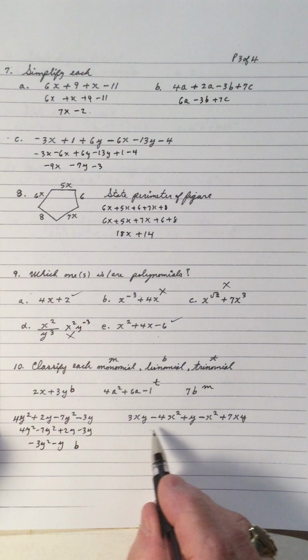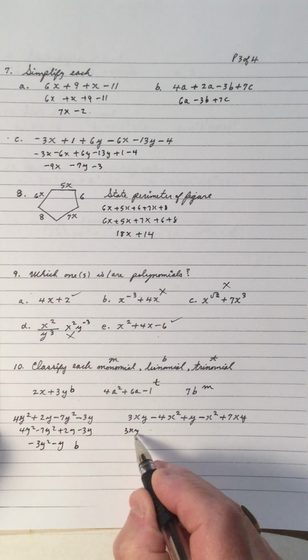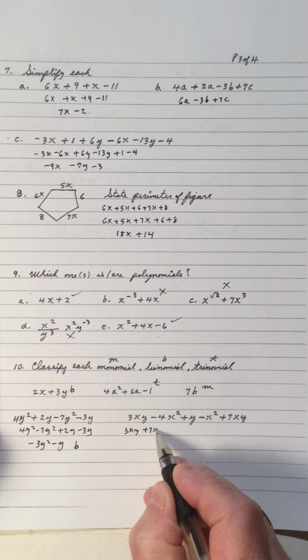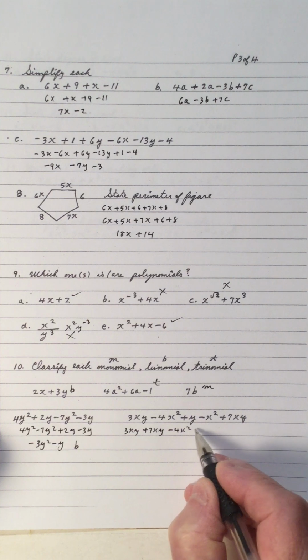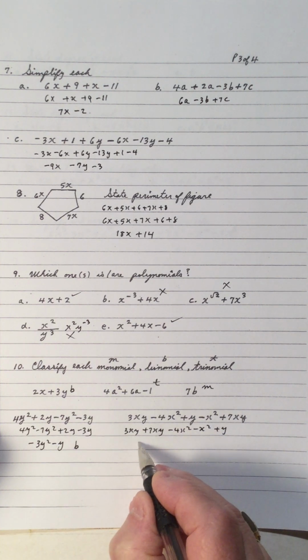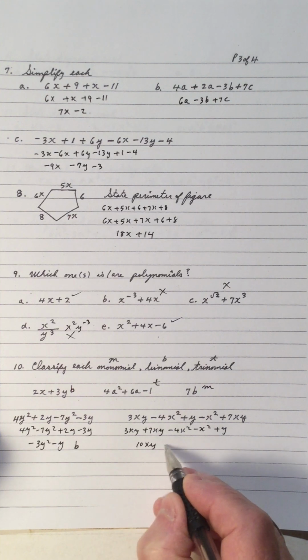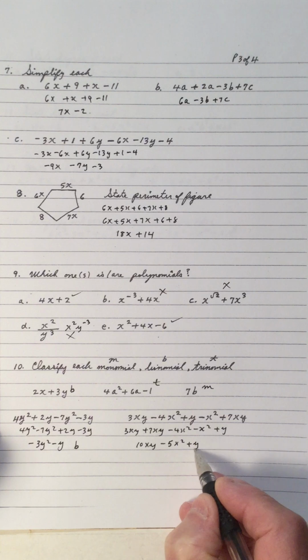And right here we have 3xy, and we have a 7xy, negative 4x squared minus x squared plus y. So that's 10xy minus 5x squared plus y.